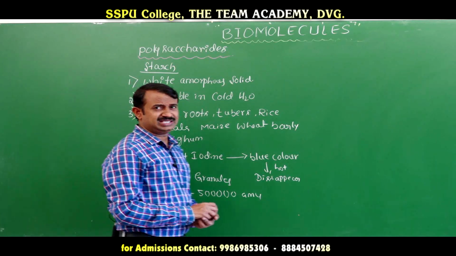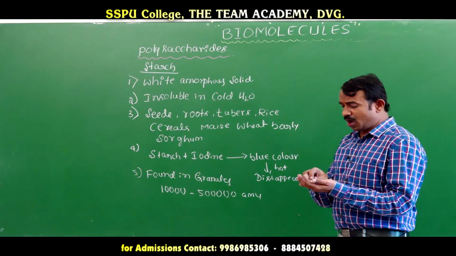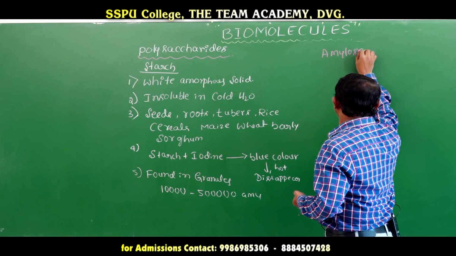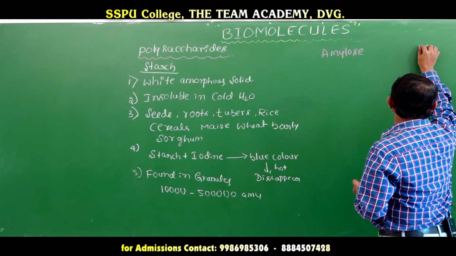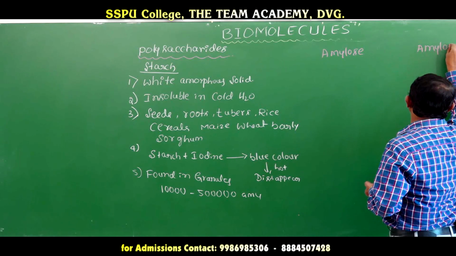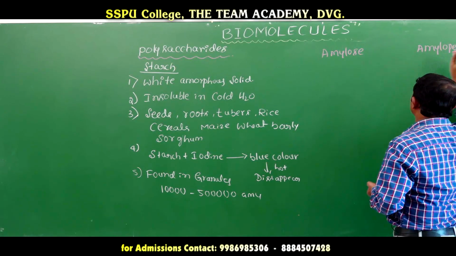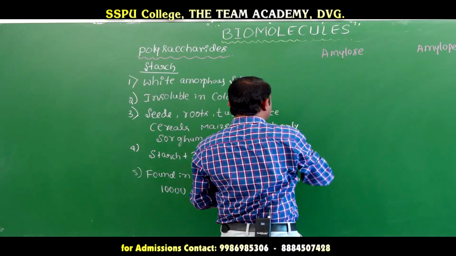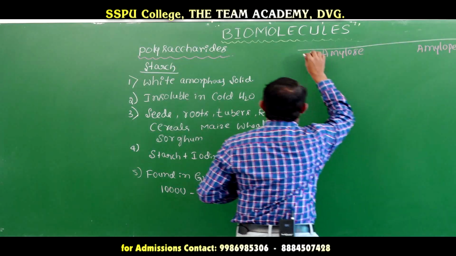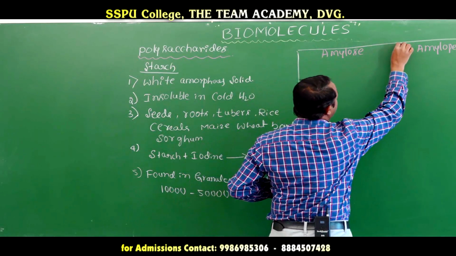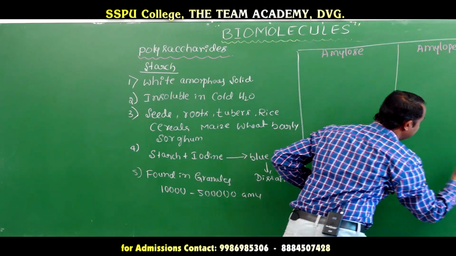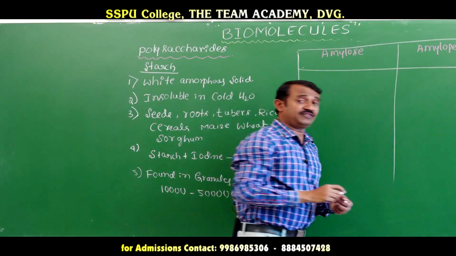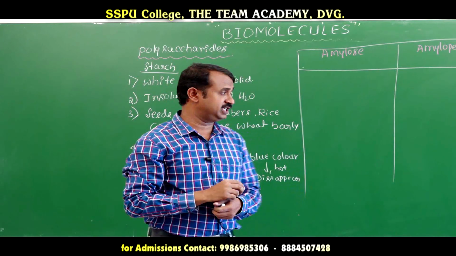Next, starch is divided into two parts: one is amylose and the other is amylopectin. Write the difference between amylose and amylopectin.